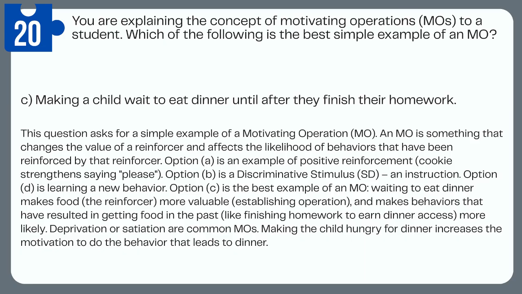Option C is the best example of an MO. Waiting to eat dinner makes food, the reinforcer, more valuable, establishing operation, and makes behaviors that have resulted in getting food in the past, like finishing homework to earn dinner access, more likely. Deprivation or satiation are common MOs. Making the child hungry for dinner increases the motivation to do the behavior that leads to dinner.